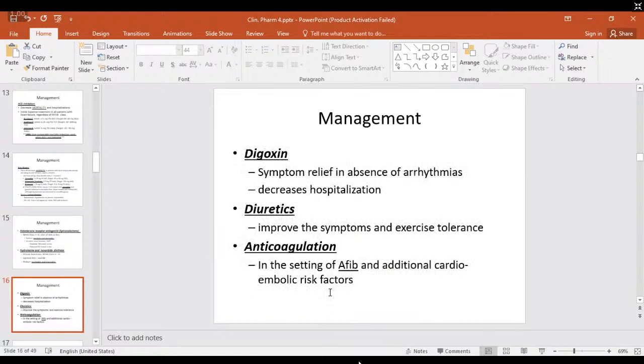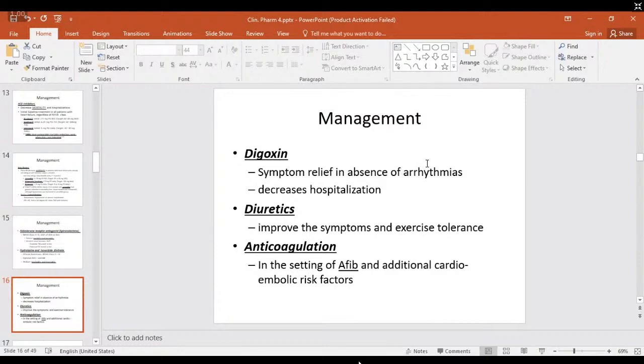What are some other options to treat heart failure? Well, digoxin was a classic drug used in the past for patients with heart failure, and it is nowadays still used, although not as commonly as in the past. It causes symptom relief.